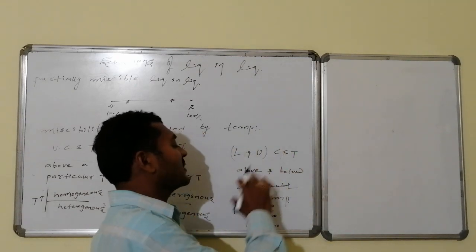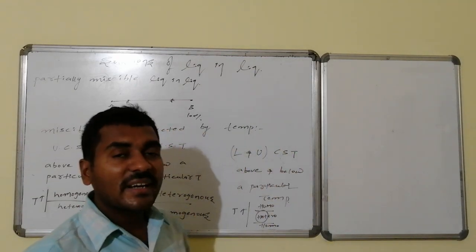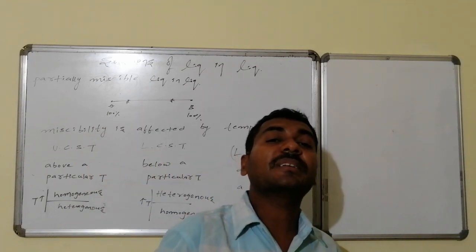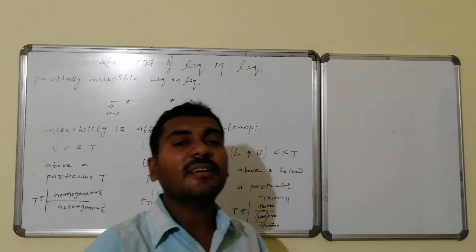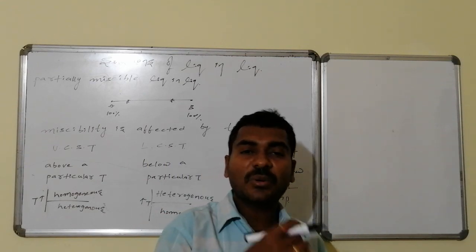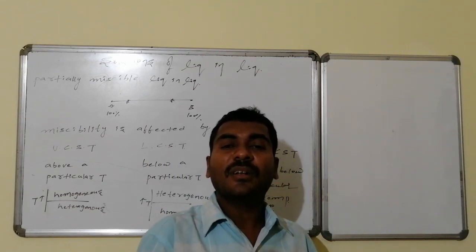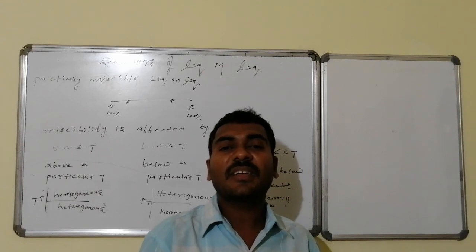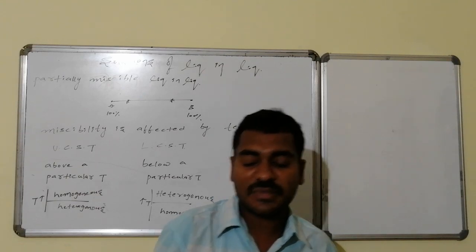Such systems are known as lower and upper critical solution temperature containing liquid in liquid mixtures. Let us go for examples and for the factors affecting lower CST, upper CST, and lower and upper CST systems.